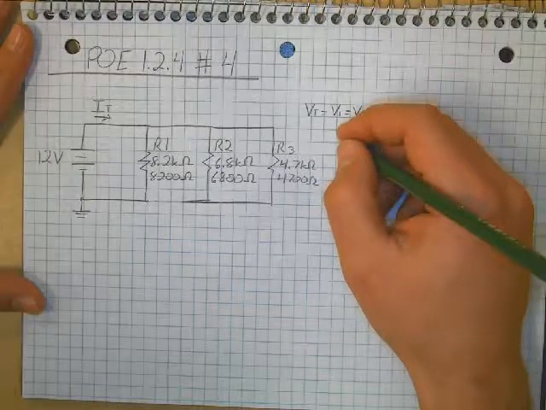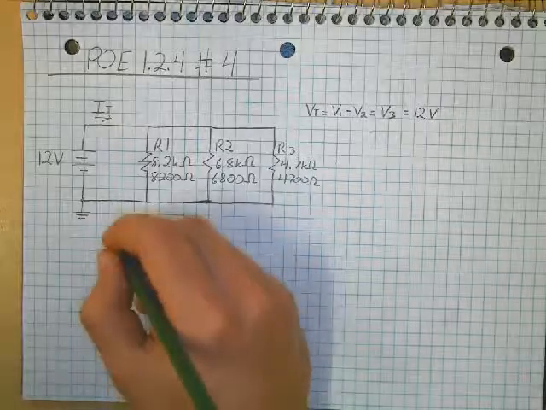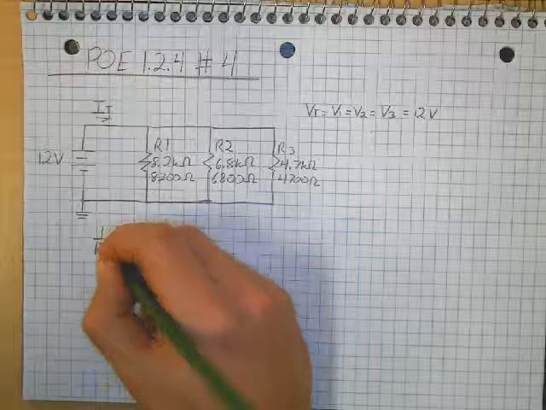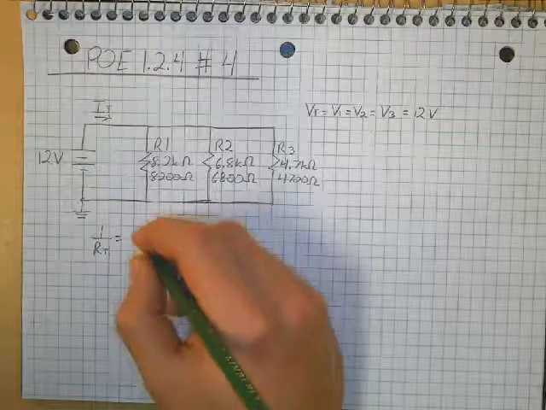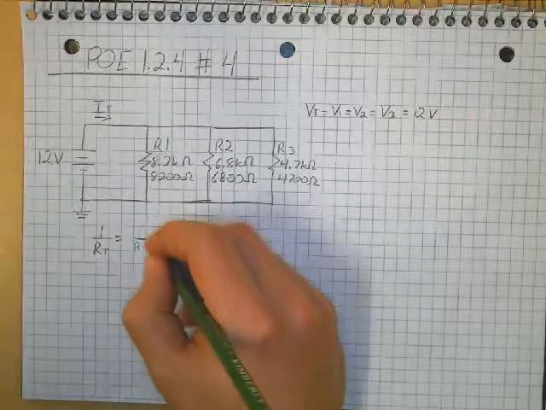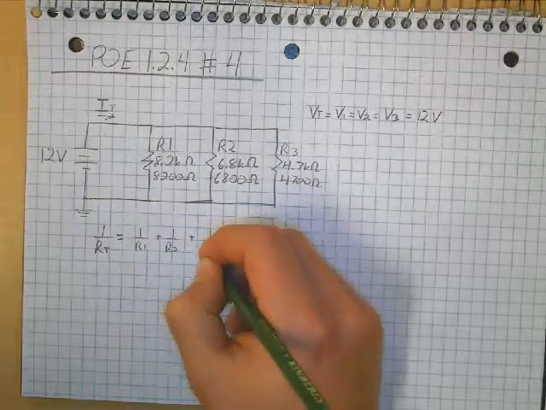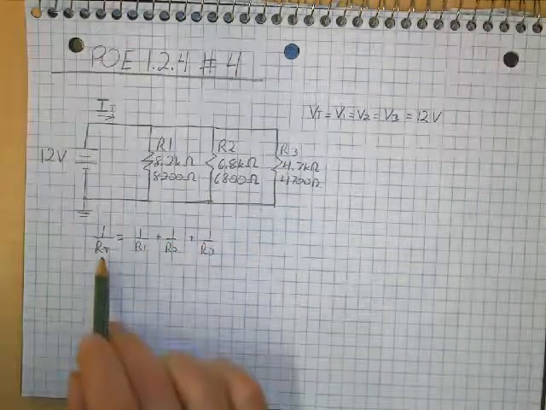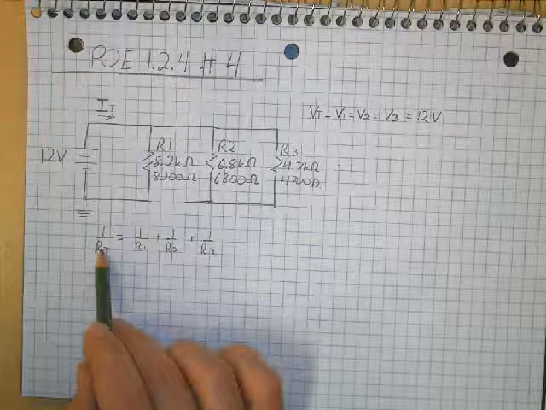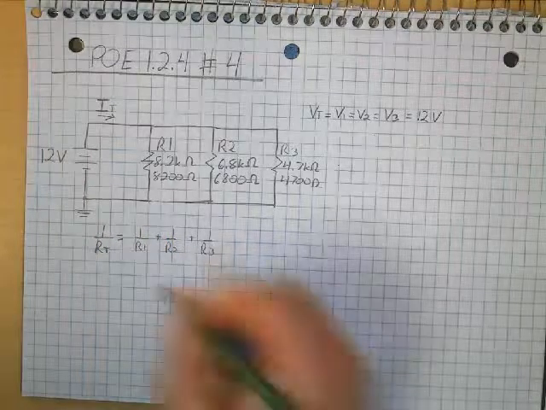So, in a parallel circuit, the equation I'll write down here for total resistance is technically 1 over RT is equal to 1 over R1 plus 1 over R2 plus 1 over R3. So in order to get RT by itself, we need to cross multiply, and we'll have RT be equal to 1 over this sum. So we'll write it like this.